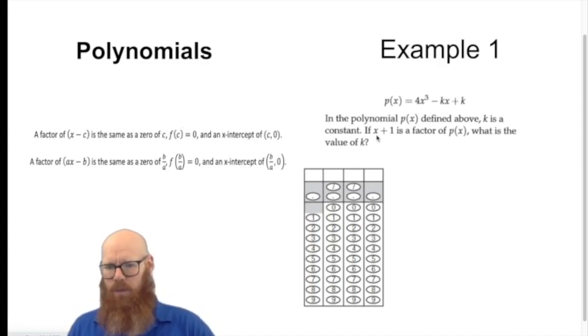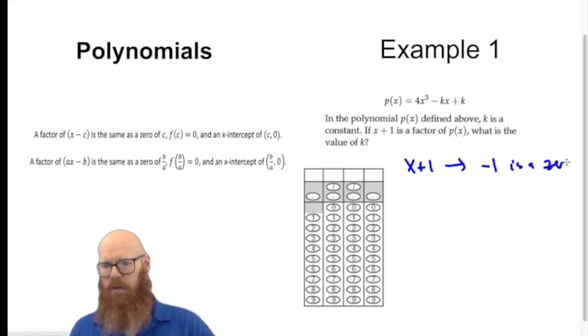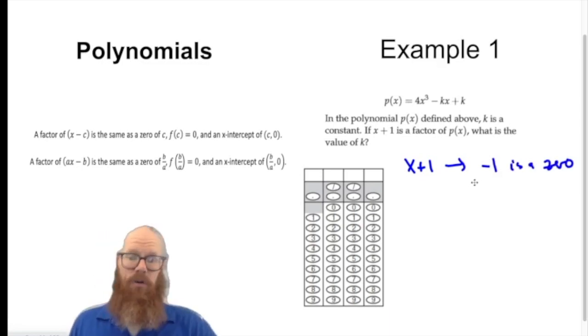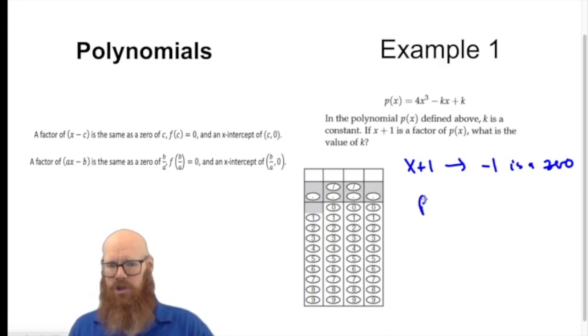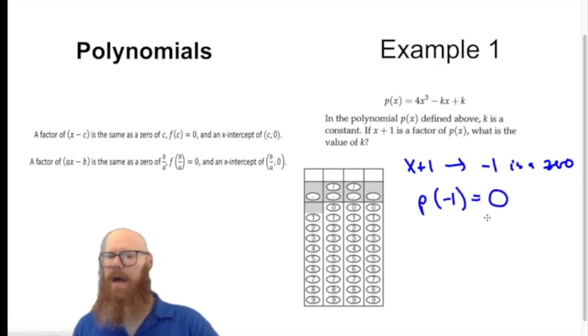For this one, if x plus 1 is a factor, we have to know right away that -1 is a 0. A 0 is an x-intercept, and it means when you substitute it into the function, p of -1 should equal 0. That's the key to this problem. That's how we're going to find k.